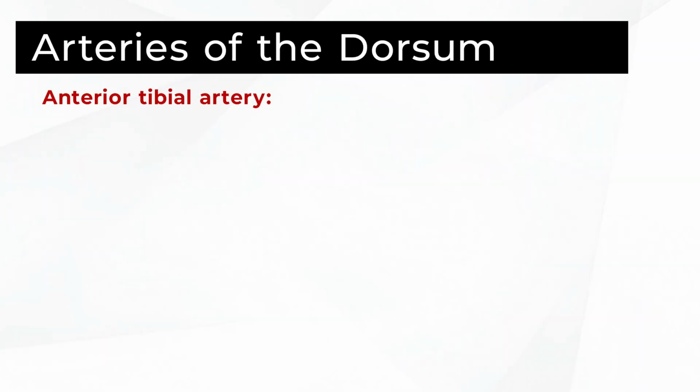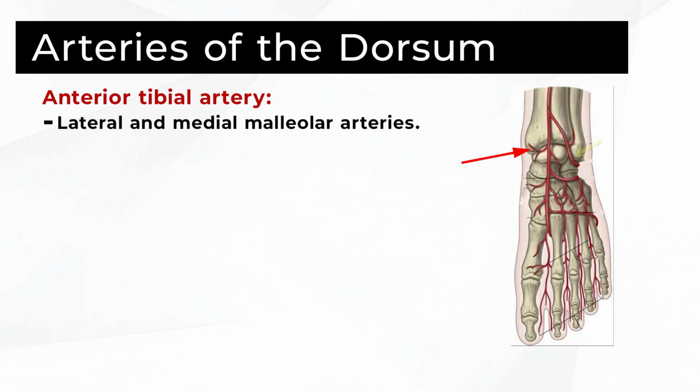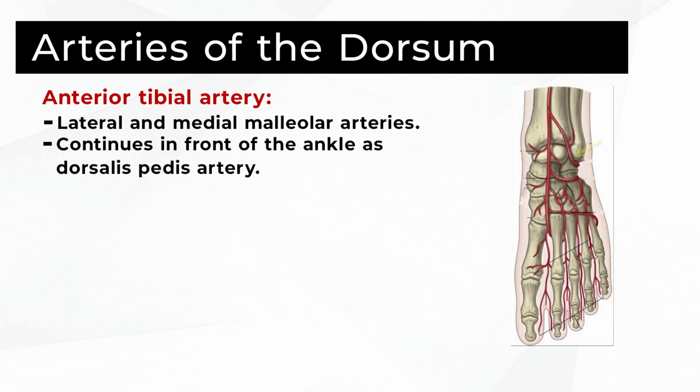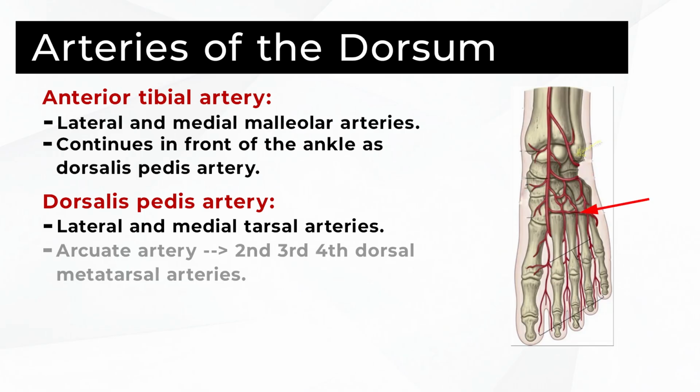Here we see the branches of the anterior tibial artery. It gives the lateral and the medial malleolar arteries and then continues in front of the ankle as the dorsalis pedis artery. The dorsalis pedis artery now gives the lateral and the medial tarsal arteries, followed by the arcuate artery, which runs laterally and gives the second, third, and the fourth dorsal metatarsal arteries.